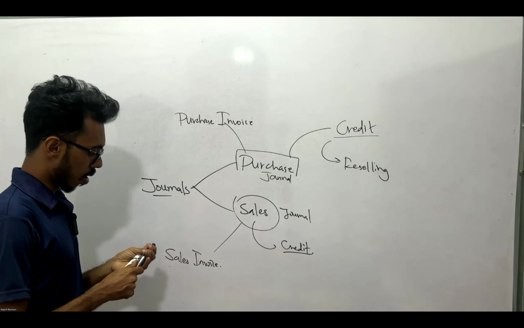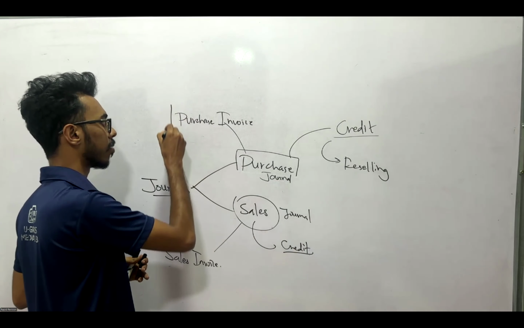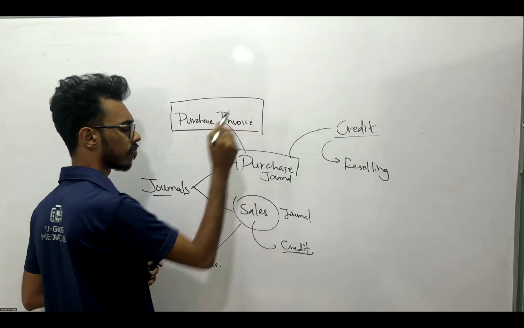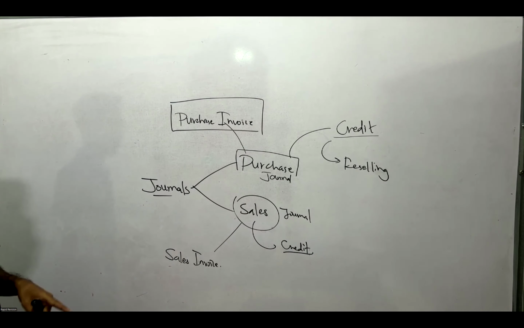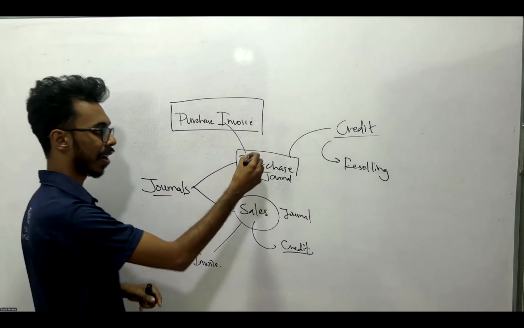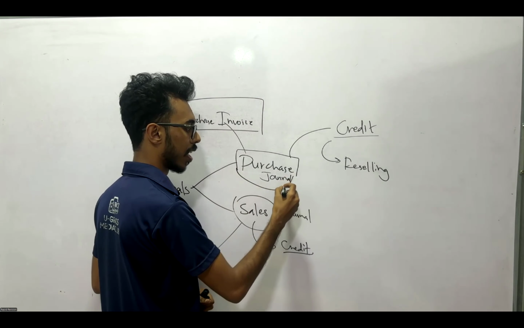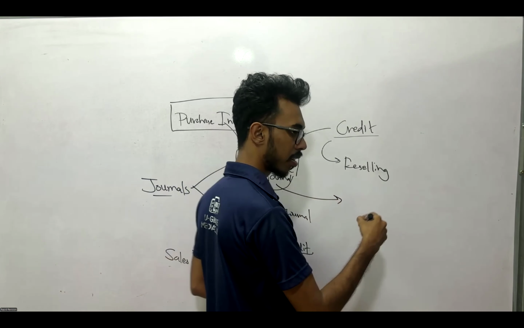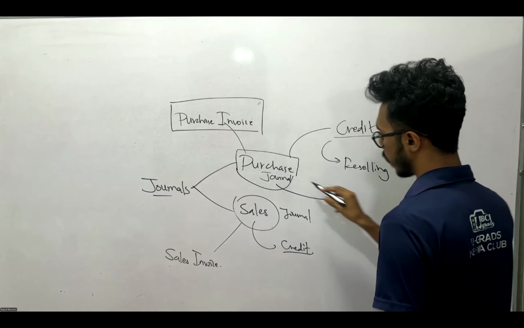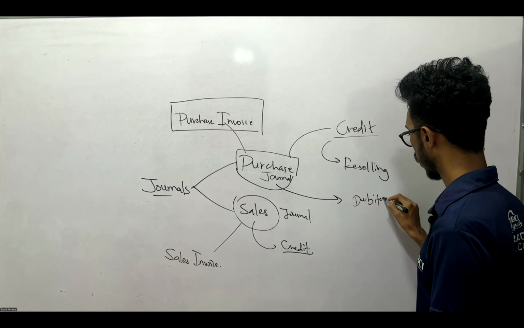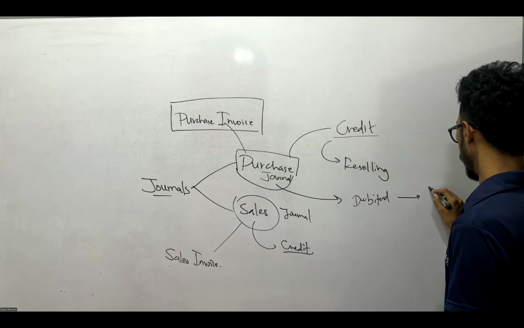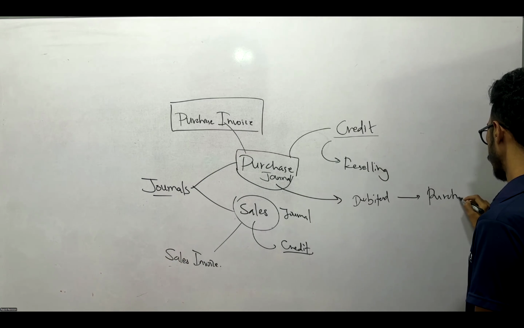What happens is there will be a purchase invoice. This purchase invoice will be recorded in the purchase journal. The purchase journal values will be debited to the purchase account.